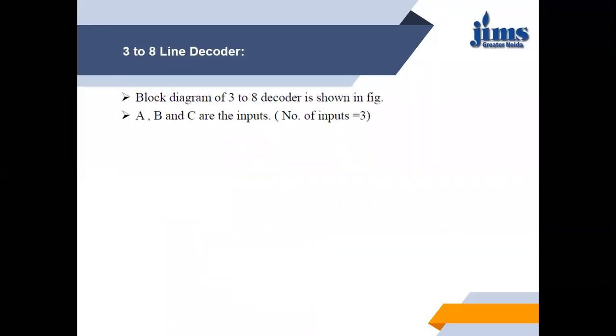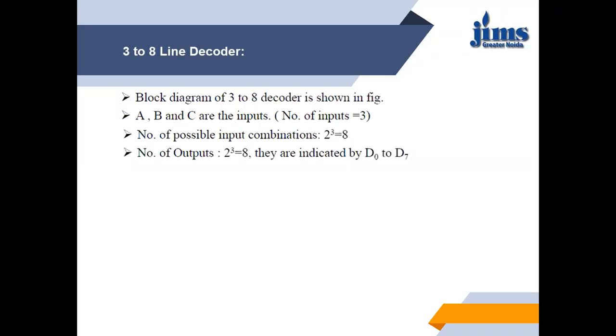Next is the 3:8 line decoder, or we can say binary to octal decoder, because 8 is nothing but octal. So the 3:8 line decoder, how it works. Again, we have three inputs. So we name them A, B and C. With the three inputs, we have 2 raised to power 3, that is 8 outputs.